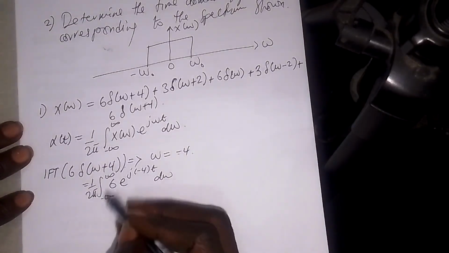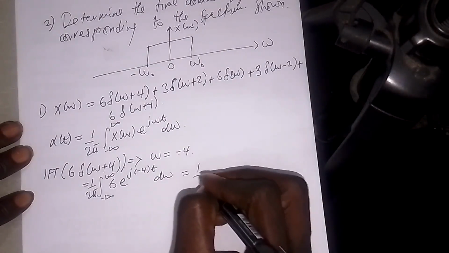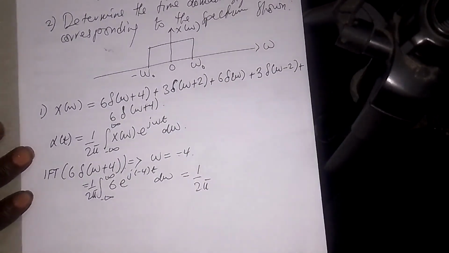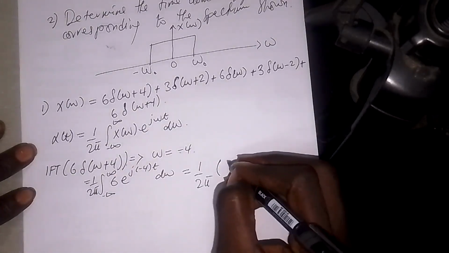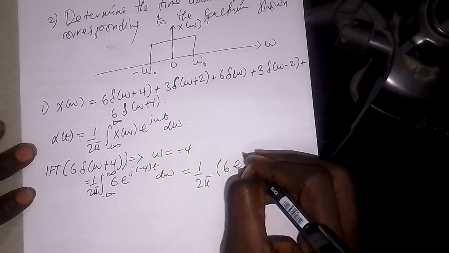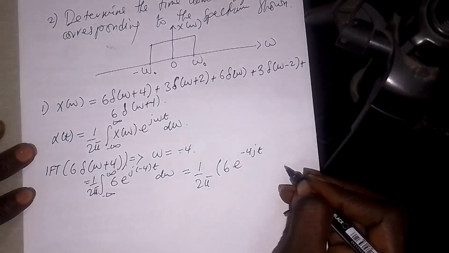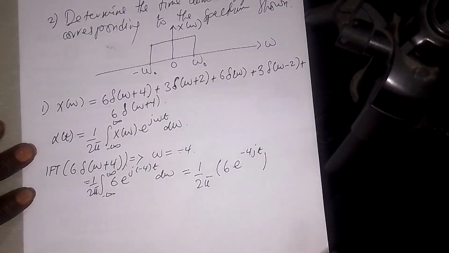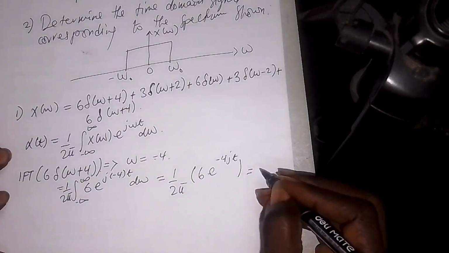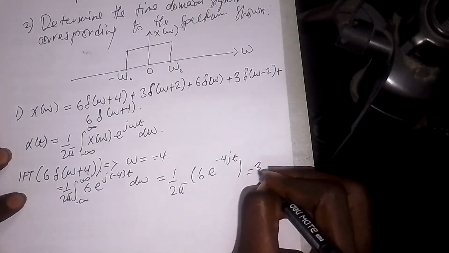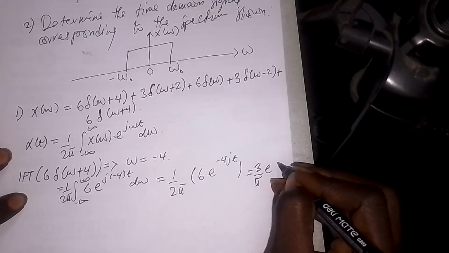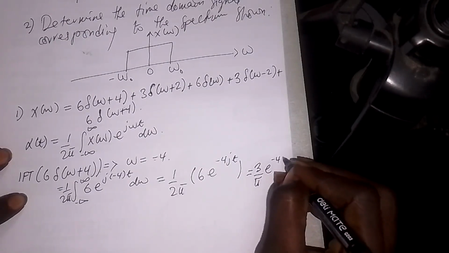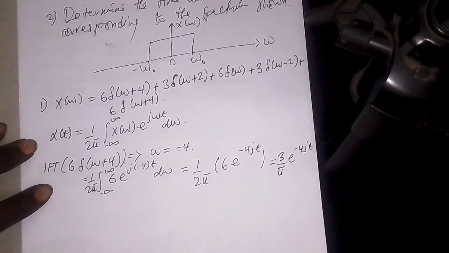Therefore I can ignore the integration aspect, and it becomes 1 on 2 pi into 6 e to the minus 4jt. This is going to be equal to 3 on pi into e to the minus 4jt.